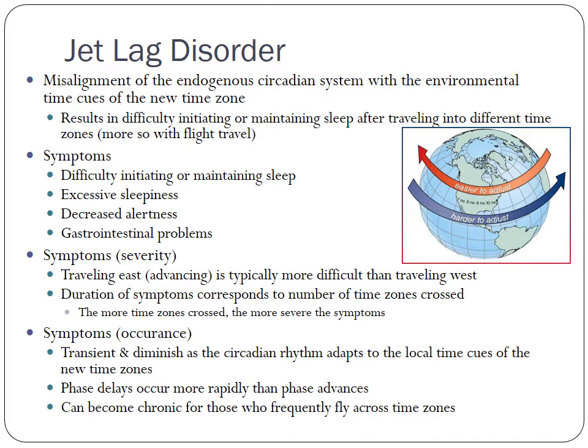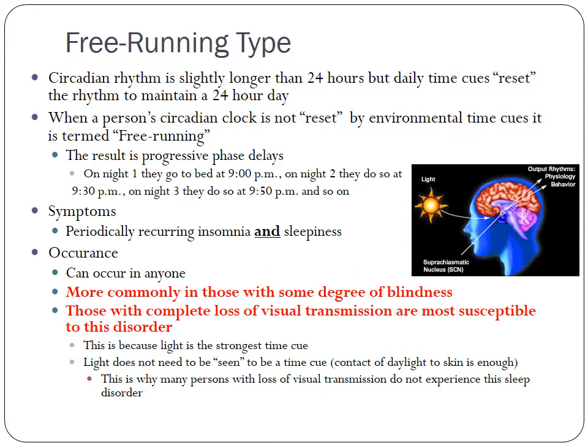The occurrence of symptoms is transient. They may be transient and diminish as the circadian rhythm adapts to the local time cues of the new time zones. Phase delays occur more rapidly than phase advances, and these can become chronic for those who frequently fly across time zones. So let's go to our next.